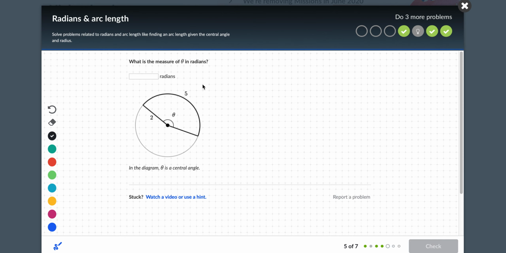What is the measure of this opening in radians? So this problem's a lot simpler because we have the measure, but remember, we can just multiply this by the opening to get to 5, because 2 times the opening will always equal 5.